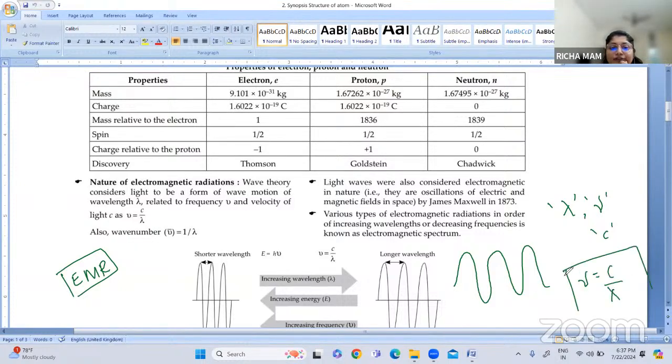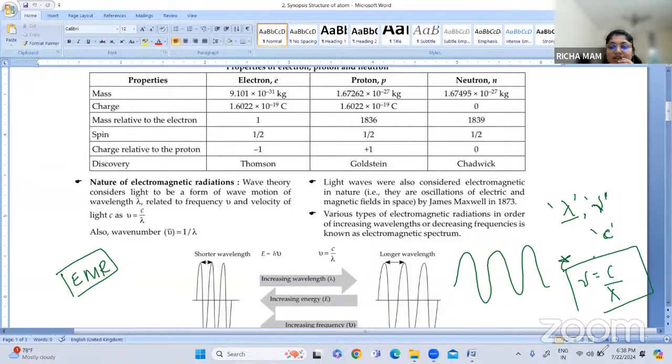That is frequency, and how it is related to the velocity of light and wavelength: c by lambda. Please remember this formula also. We consider light in the form of a wave, and a wave is represented by wavelength lambda, mu is the frequency, and c is the velocity of light.